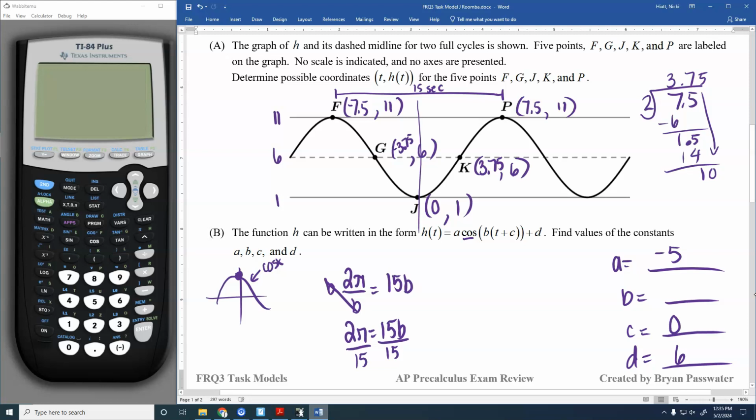You get 2 pi over 15 for your B. Everybody good there? You can write out the equation with those numbers plugged in if you want, but it's asking for A, B, C, and D, so you don't have to in that case.